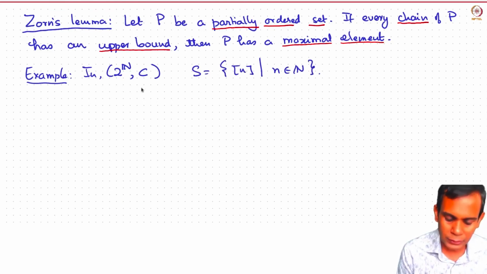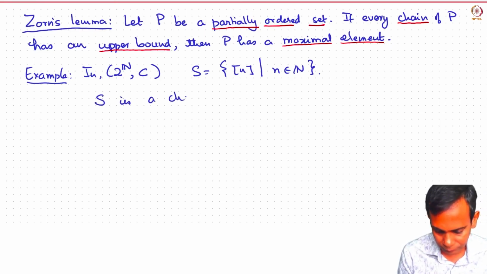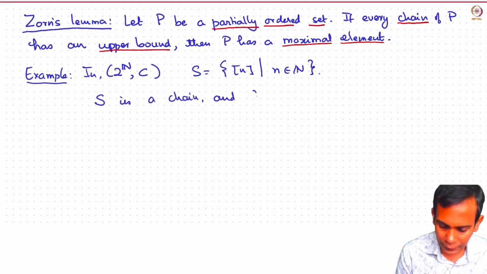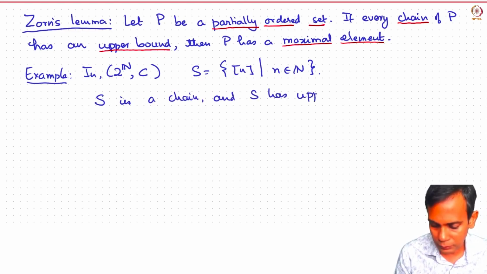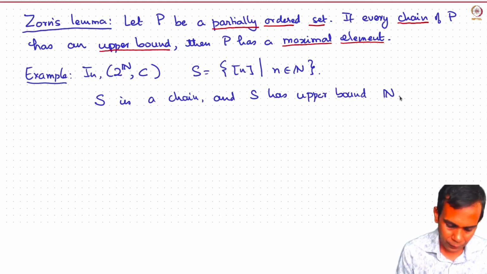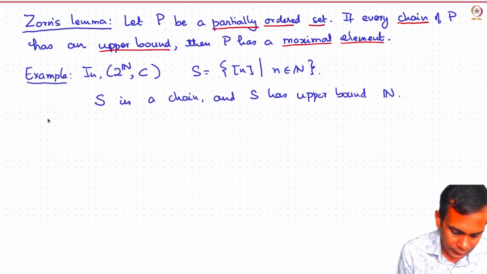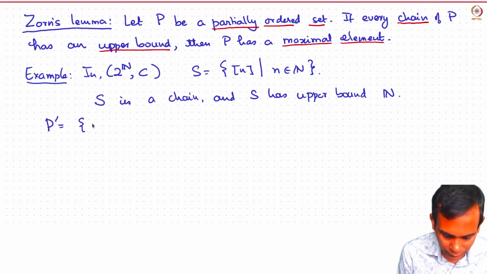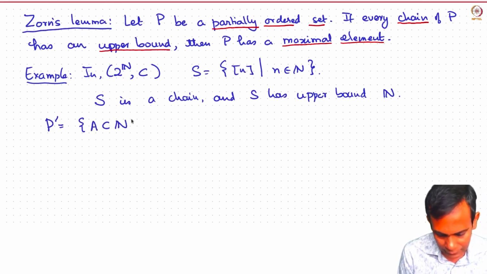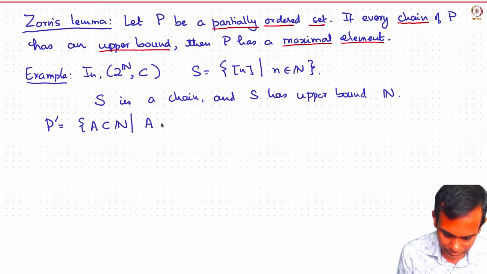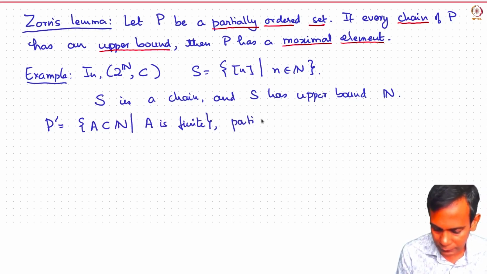Okay, so of course this is a chain, and S has upper bound N. Okay, but let's look now at P prime, the set of all finite subsets of N. So let's look at all sets A, a subset of N, such that A is finite, partially ordered by containment.